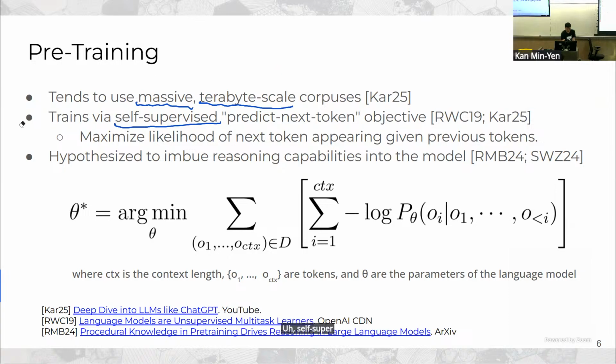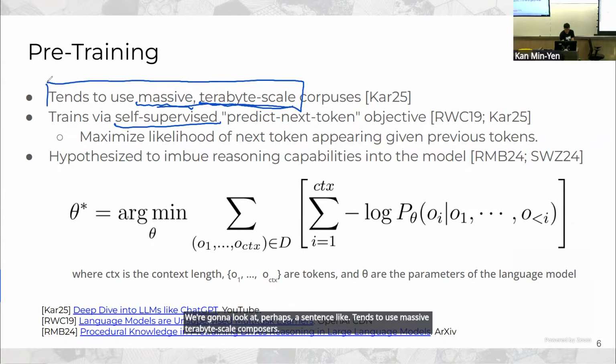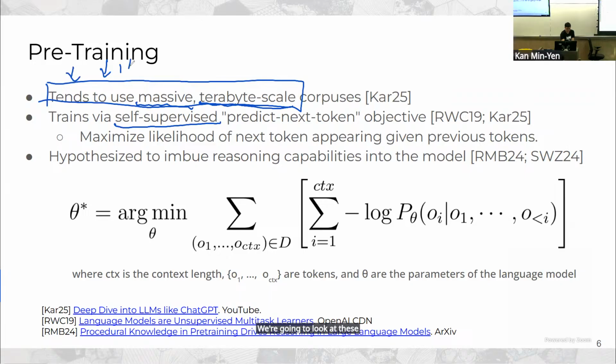Self-supervised training, instead of the gold standard labels that I mentioned just now, we're going to look at perhaps a sentence like "tends to use massive terabyte scale corpuses." We're going to look at these, maybe each word is a token. And what we're going to do is feed the language model just this part, right?